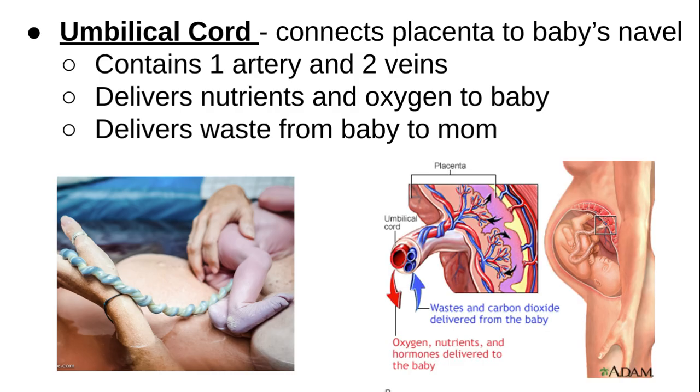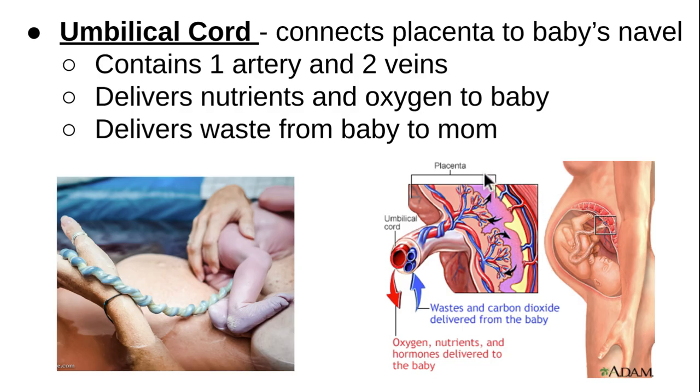And then the last thing we have to do is talk about the umbilical cord. So the umbilical cord connects to your belly button or the navel. You have to cut it when a baby is born. Here's an example of an umbilical cord. It has one artery and two veins. And this is how the good stuff is going to get from the mom or from the placenta to the baby.